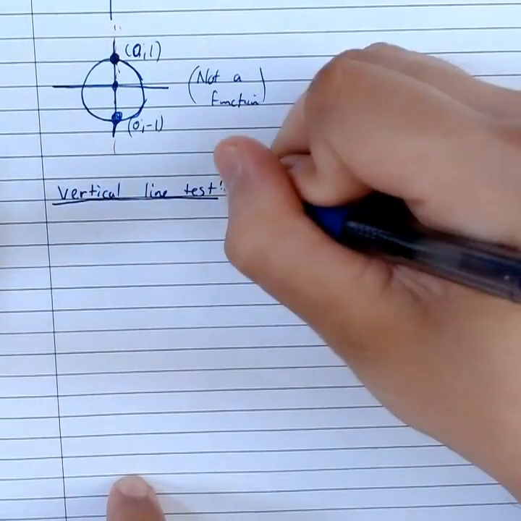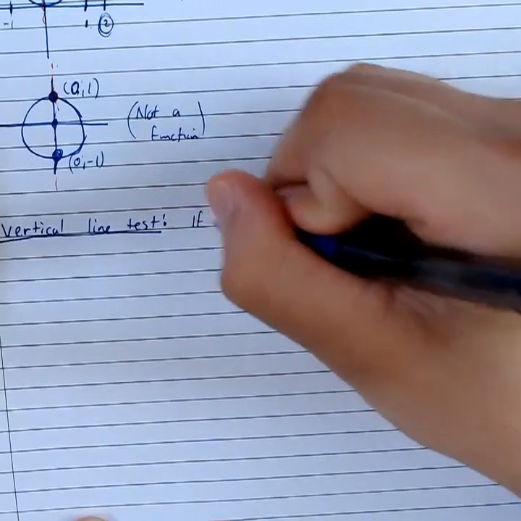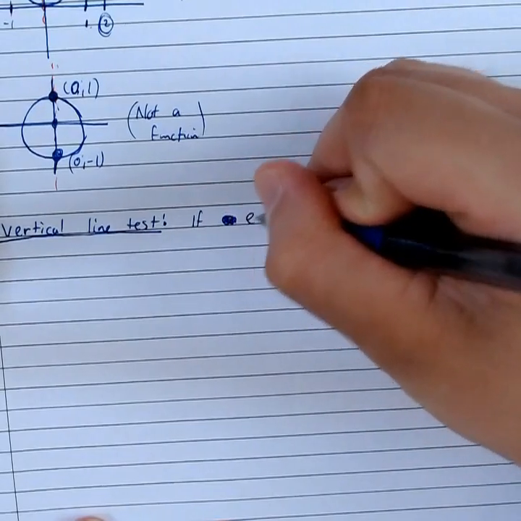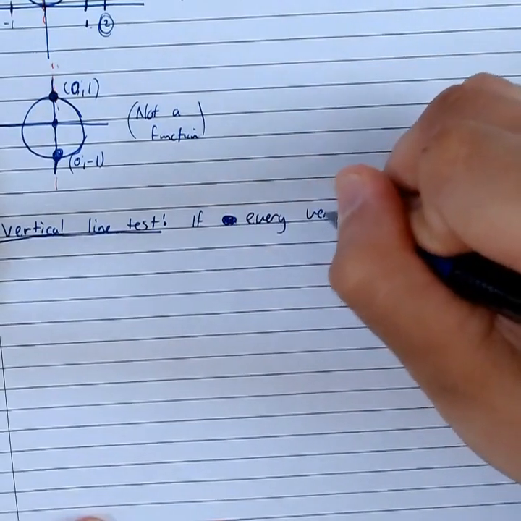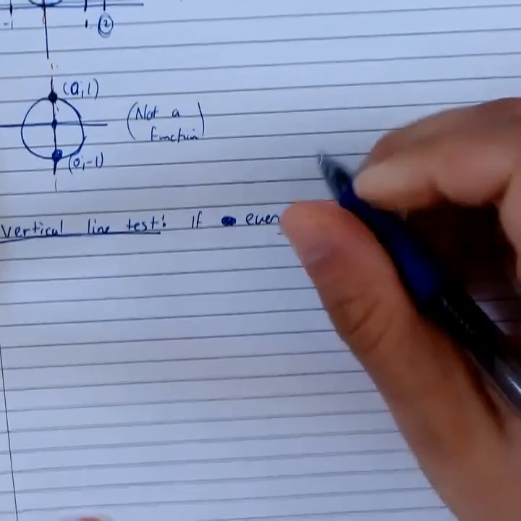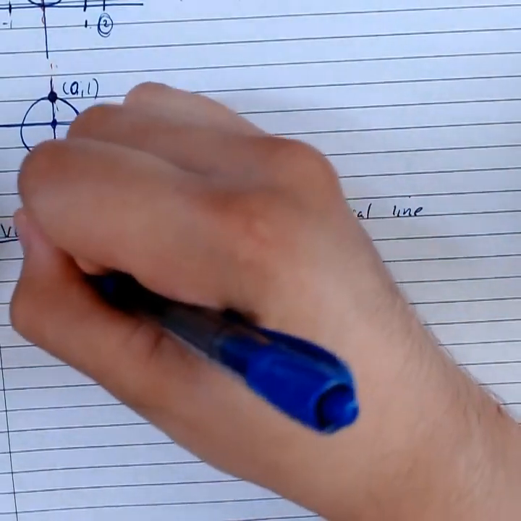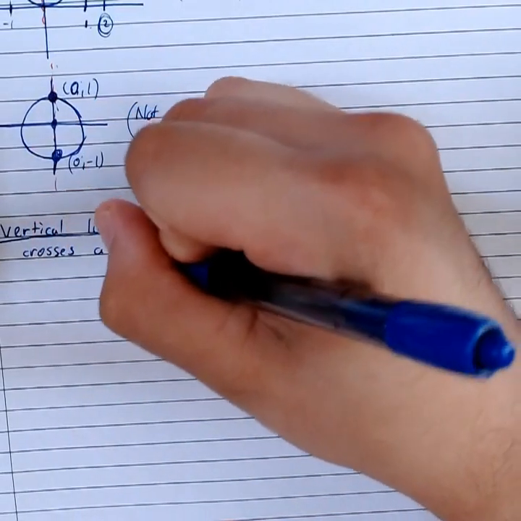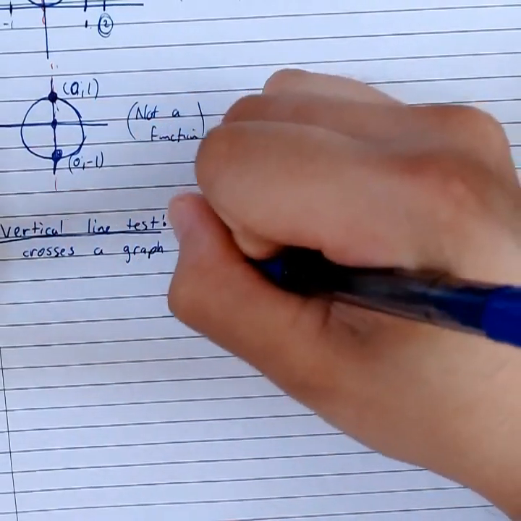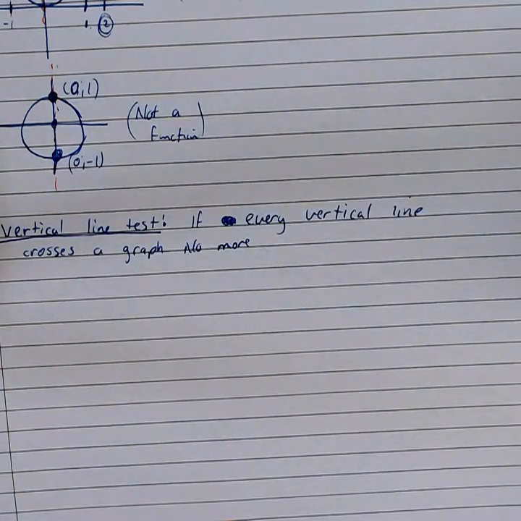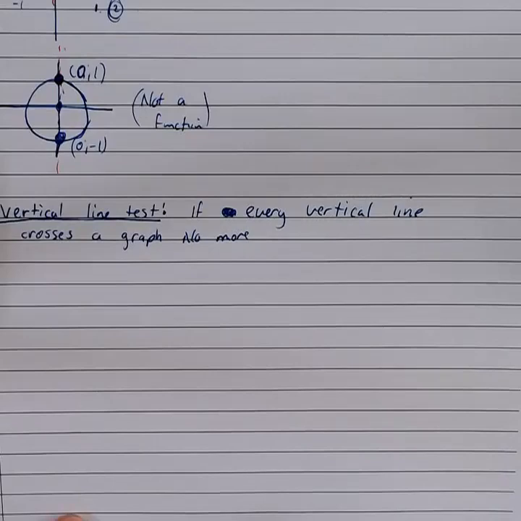The vertical line test says if every vertical line crosses a graph no more than once, it's okay if it never crosses. It's okay if it crosses once, but it should never cross multiple times.